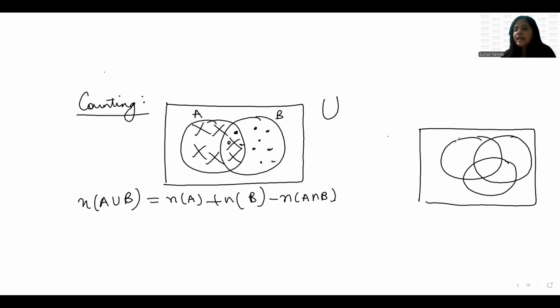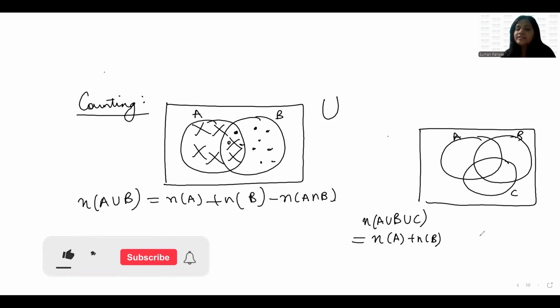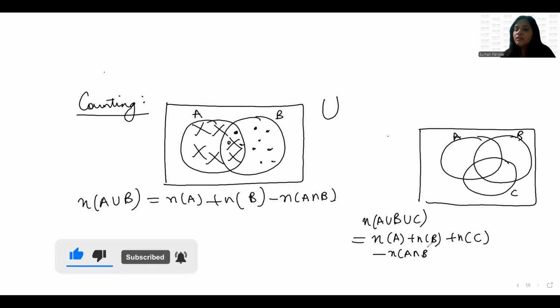Similarly, if you have three sets A, B, and C, the number of elements in A union B union C is number of elements in A plus number of elements in B plus number of elements in C. Then you will be subtracting all the intersections taken two at a time.